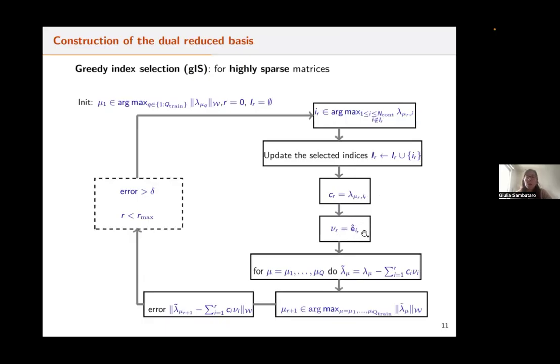So with respect to the previous algorithm, we have an explicit expression of the reduced coefficient. Then, as usual in a greedy-based algorithm, we find the new geometric parameter by maximizing the projection error. So that is the same as in the algorithm before.